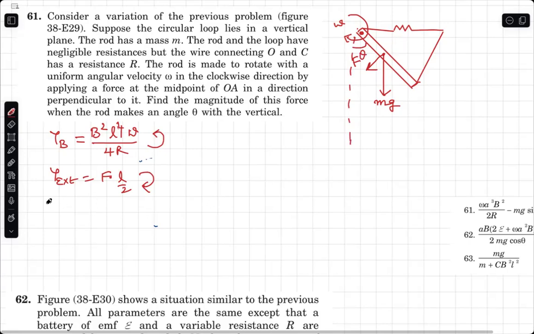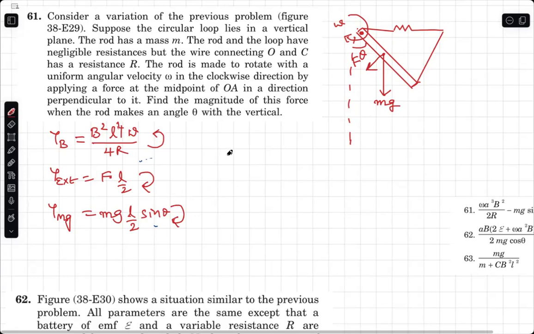Therefore torque of the weight force, mg, is mg times L by 2 sin theta. And this is in the clockwise sense.